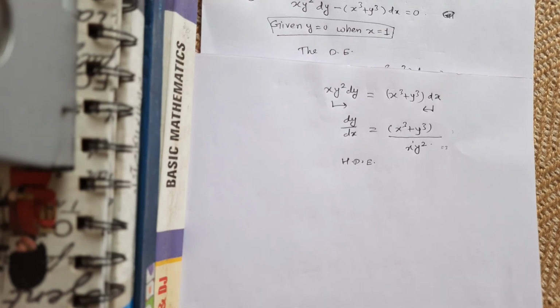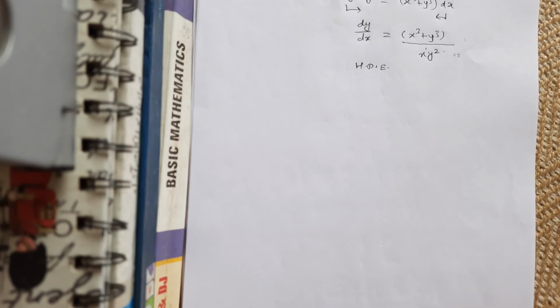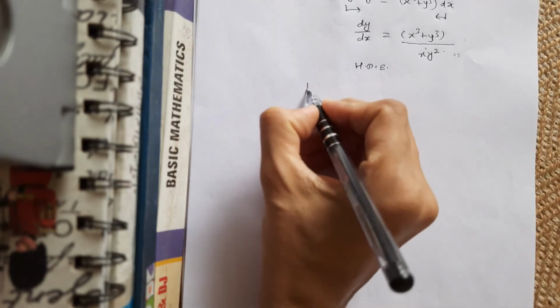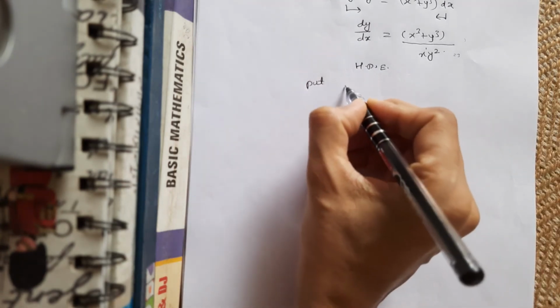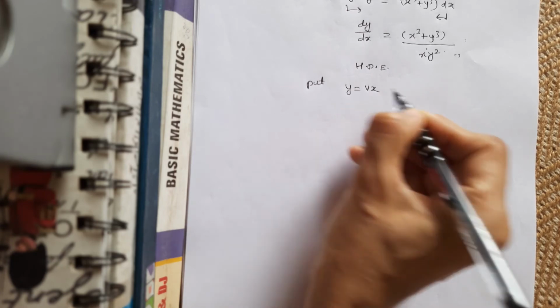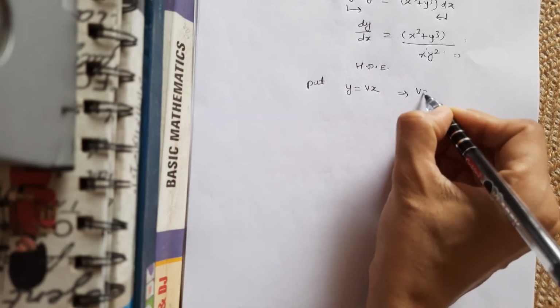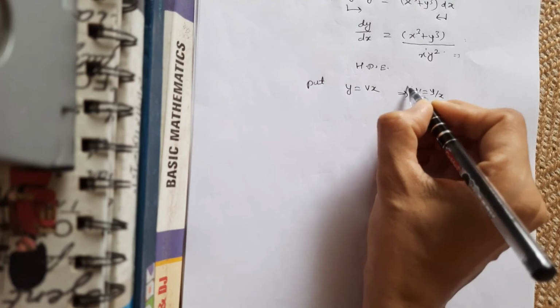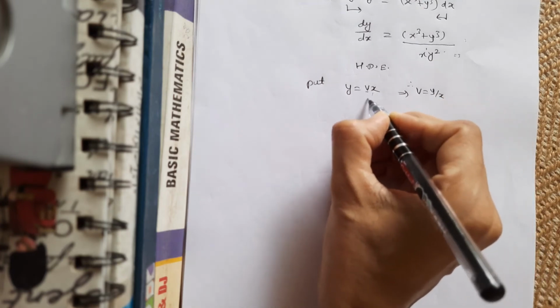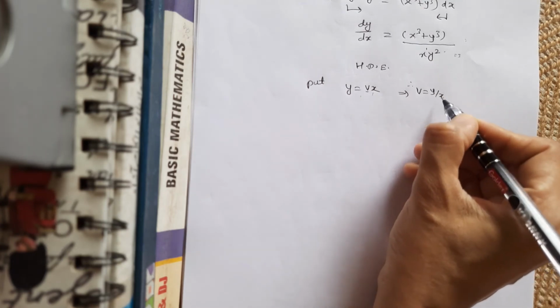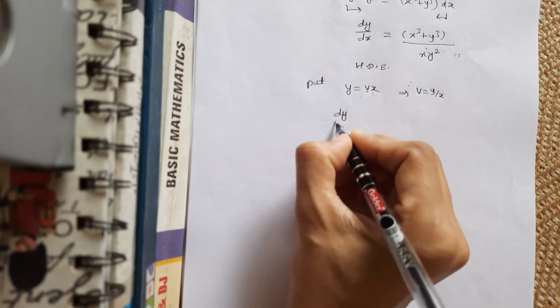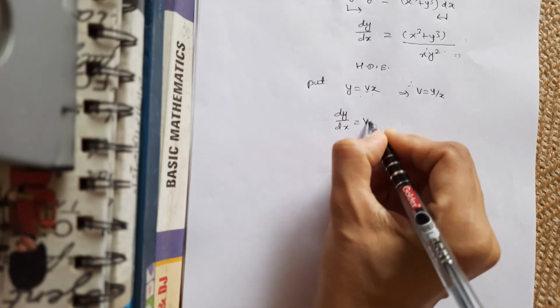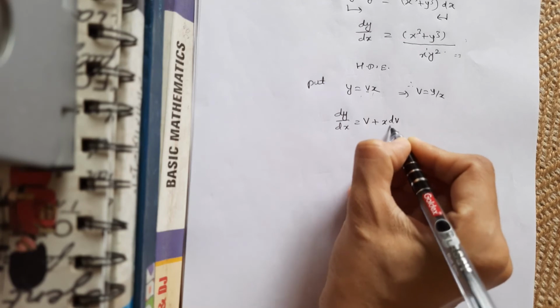Now once you identify that this is a homogeneous differential equation, you know that you need to solve it by substituting y = vx, where v = y/x. Then dy/dx is v + x dv/dx.